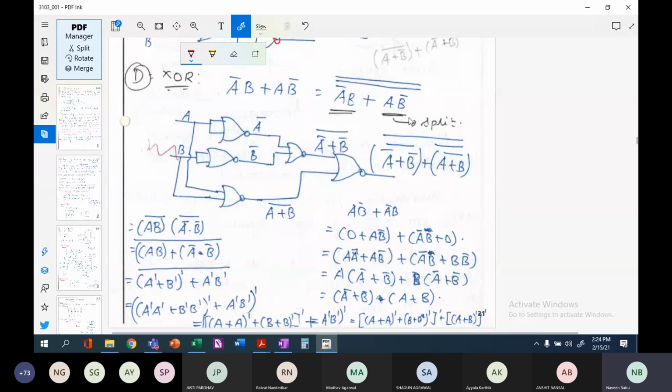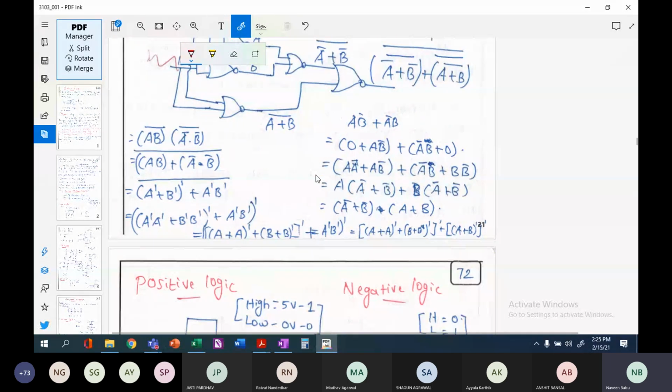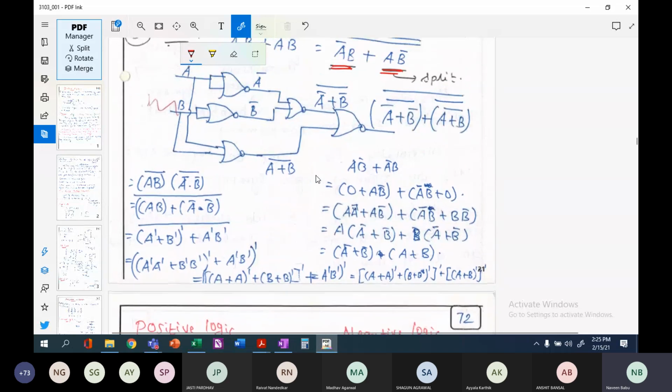So this is the rule that I said you. Split this internal term. Instead of applying the whole bar outside, you must apply the double bar to this particular term separately, and then you will have to implement it. Okay. All right. So this is the complete XOR gate implementation. It depends on how you apply. If you do it differently, it doesn't mean that you will end up wrong.